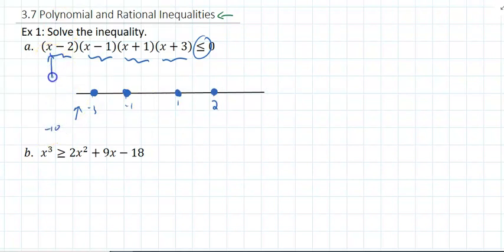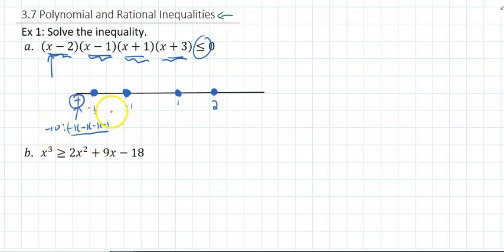If I replace x by -10, -10 minus 2 is negative. -10 minus 1 is also negative. -10 plus 1 is negative. And -10 minus 3 is negative. If you multiply 4 negatives together, that would be a positive.